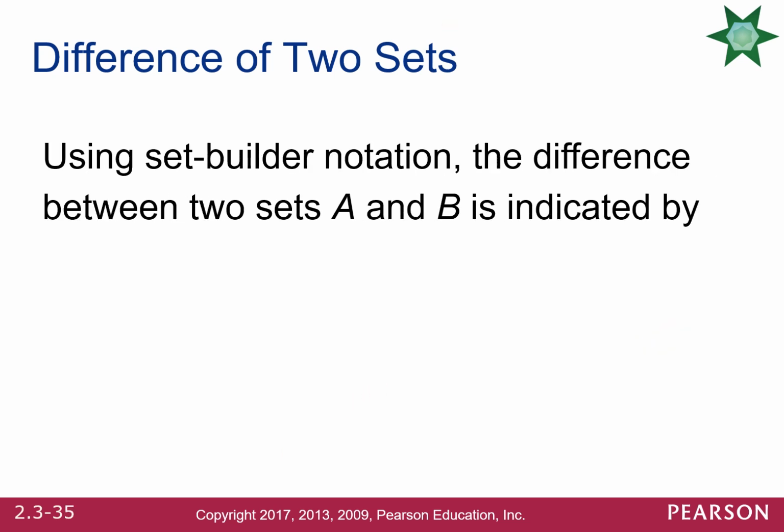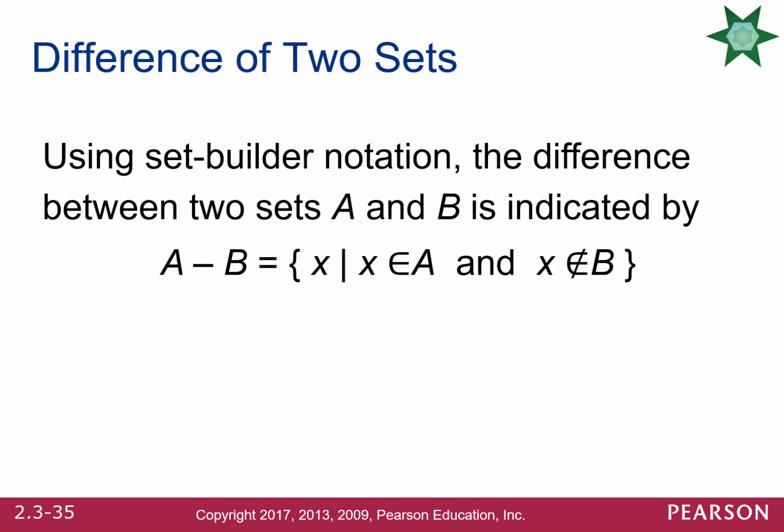So let's look at how the difference of two sets would be represented in set builder notation. Using set builder notation, the difference between two sets A and B, indicated by A minus B, is equal to the set of elements X such that X belongs to A. That means X is a member of A. Remember this symbol here, which looks like an E, means member of.